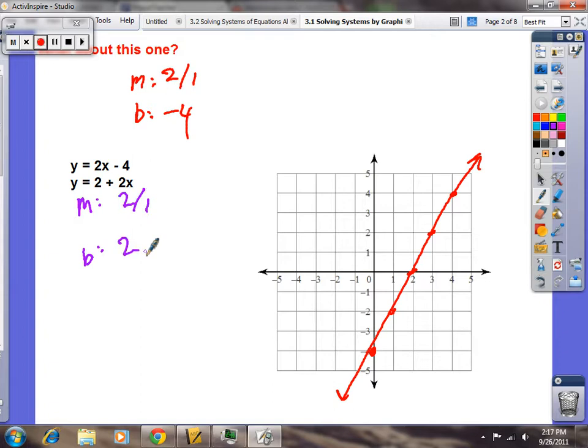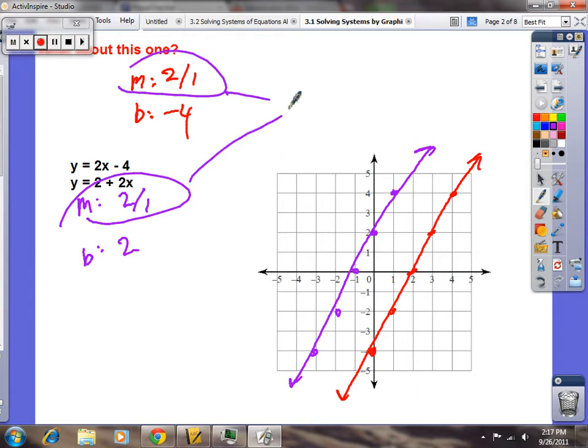And you should know they are parallel. If these never cross, you know they're parallel. Their M's are the same. Same slopes. If they're the same slopes, that means they're parallel.